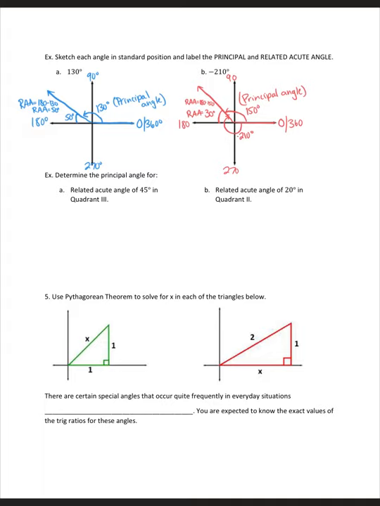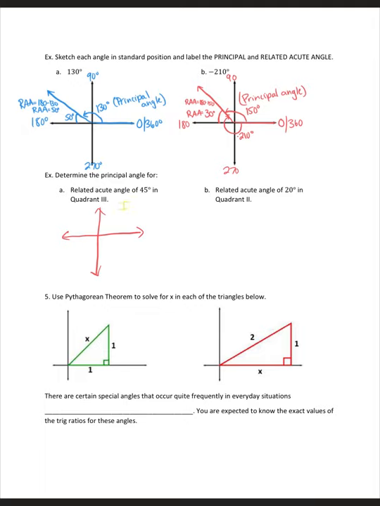Okay, so we're going to look at it a little differently now where they're going to give us the related acute angle and we're going to determine the principal angle. So determine the principal angle for a related acute angle of 45 degrees in quadrant 3. So let's make sure we know where we're putting that. We'll label our quadrant.